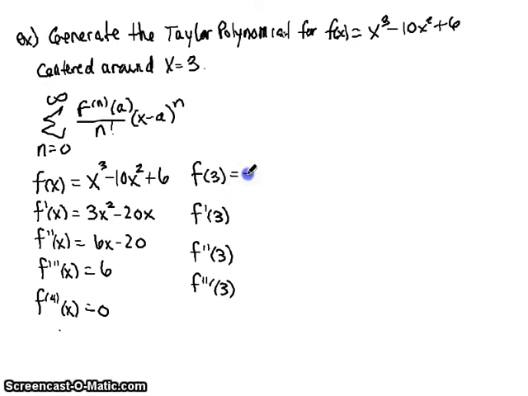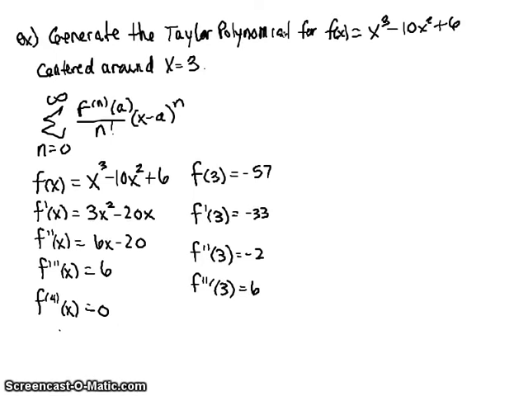If you plug this in, you're going to get a negative 57, a negative 33, a negative 2, and a 6. So we know the value of our first 3 derivatives. We know the value of a, so now we can just plug this in and figure out what our Taylor polynomial is going to be.